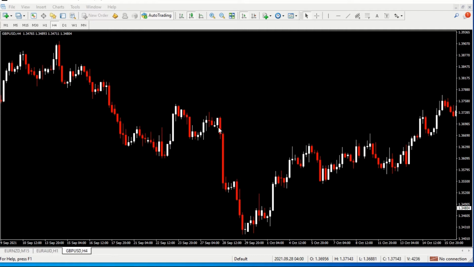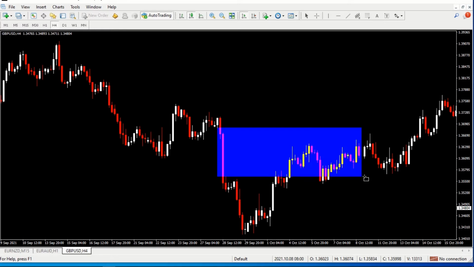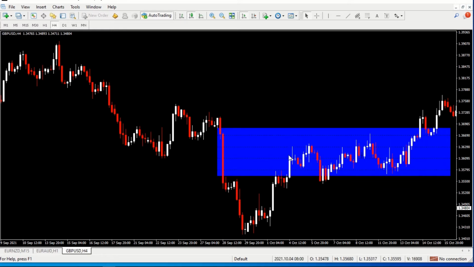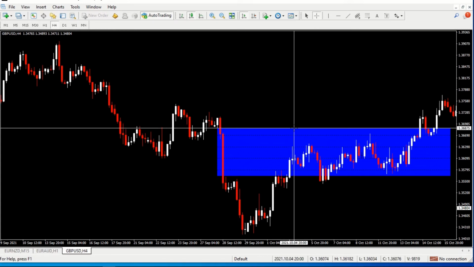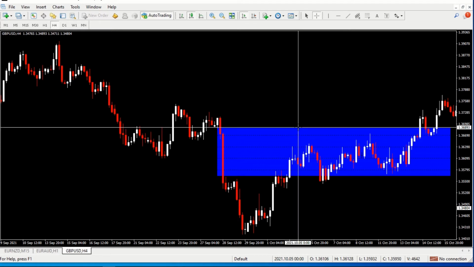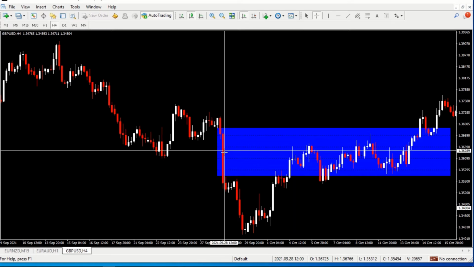So now the imbalance or FVG that was formed here is the gap between the lower wick of the whitish candle and then the upper wick of the reddish candle. So let me map it. So the whole of this zone was our FVG liquidity zone. So looking at it carefully, in future price went and then filled the liquidity, or the gap was filled by institutions.